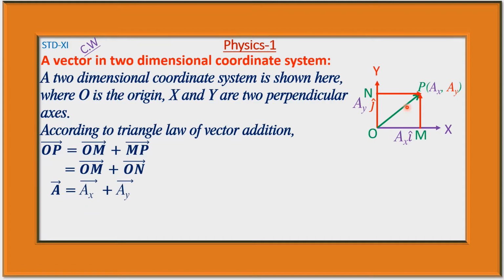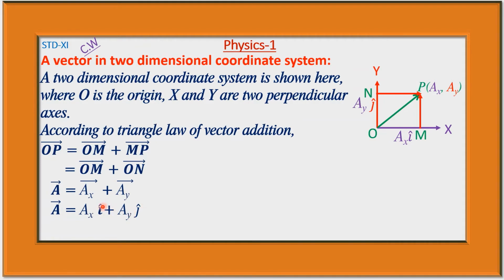And OP is a vector, and here OM is the Ax vector and ON is the Ay vector, and we can write this Ax vector as Ax its magnitude and i the unit vector, so the Ax vector is Ax i and the Ay vector is Ay j.